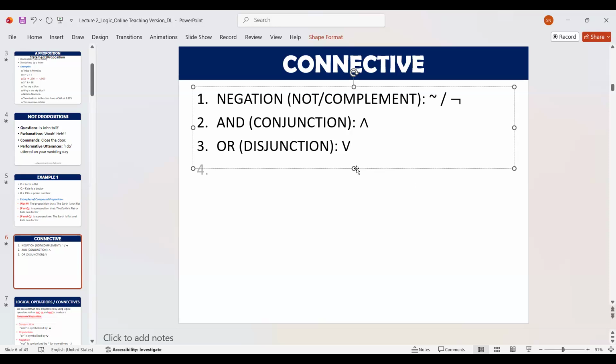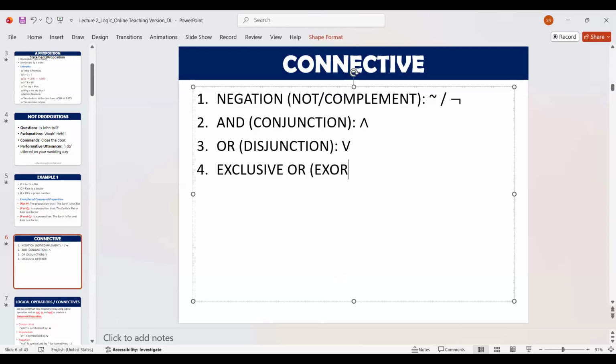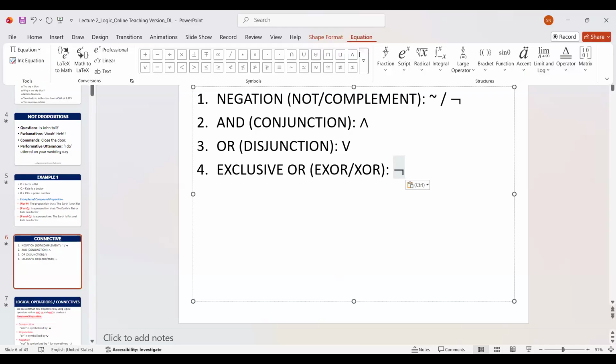Now, let's come to the fourth one. There are 6 of them, I think 6. So the fourth one, we have the connective exclusive OR. Now, some books will call it EXOR or XOR. Again, for this, I have to borrow the equation editor to be able to show you exclusive OR.